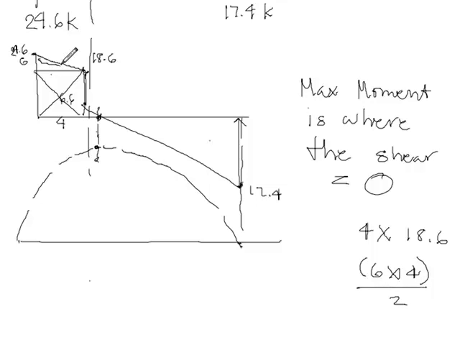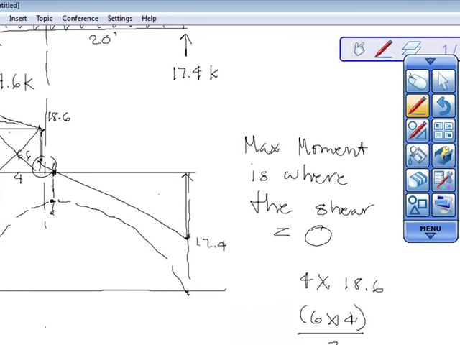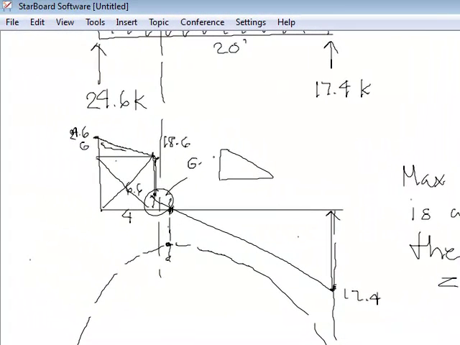Now we need this little bitty triangle here, which is going to be, I'll blow that up, 6.6. Dang, this is hard to write on. That side's going to be 6.6. Then we've got to figure out how long this little bit here is.